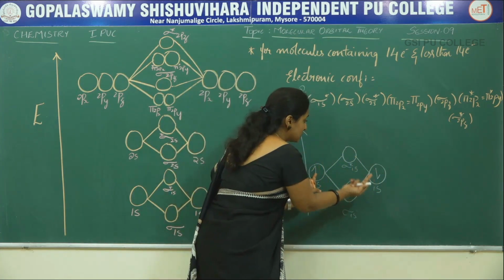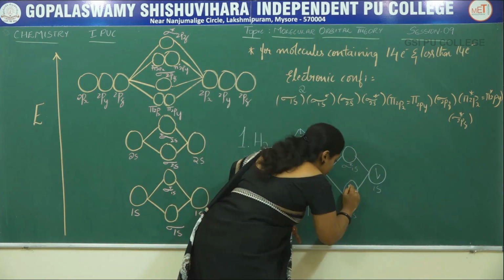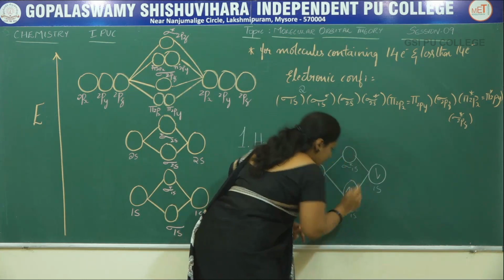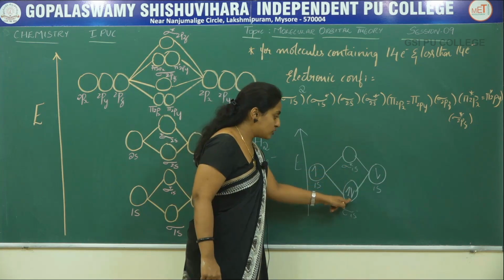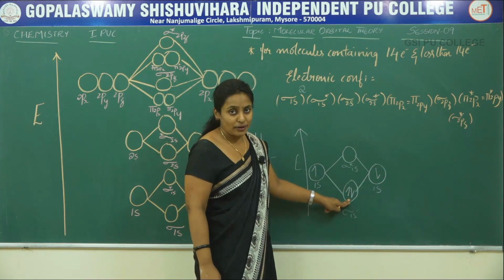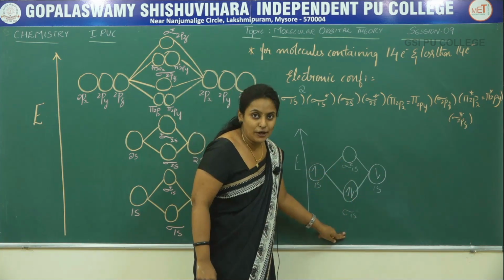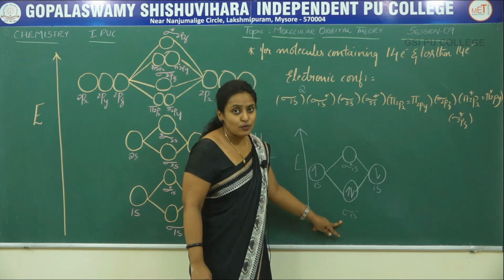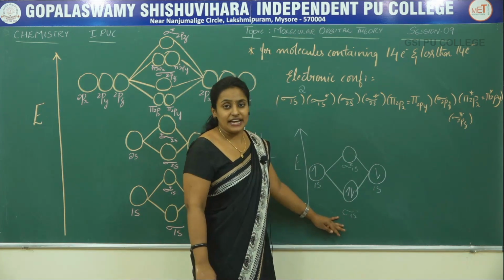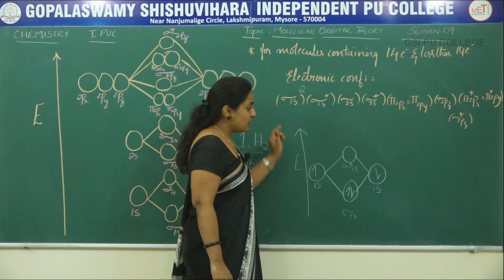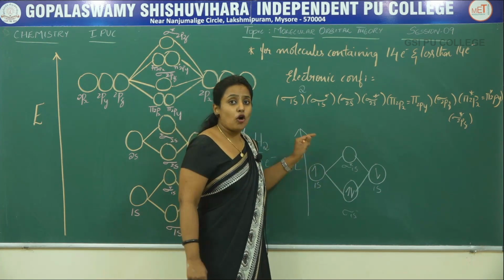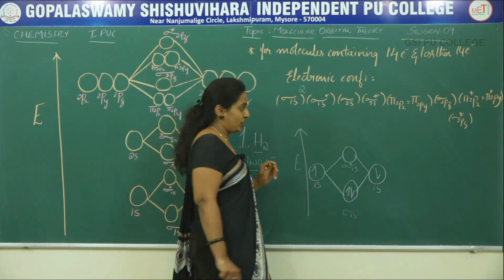These hydrogen atoms will combine with each other to form sigma 1s and sigma star 1s. The electrons will go to the lower energy orbital, that is the bonding molecular orbital, which is the sigma 1s orbital. This is the energy level diagram for the hydrogen molecule. Next, we should find the bond order for this hydrogen molecule.